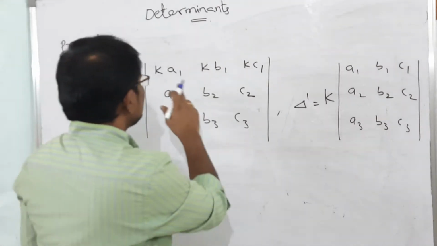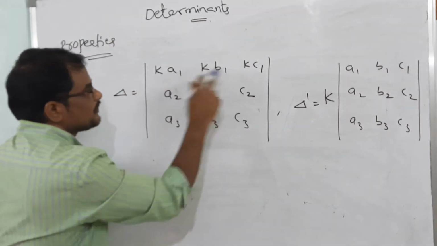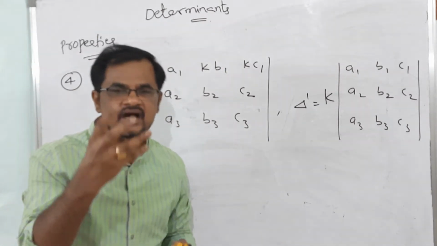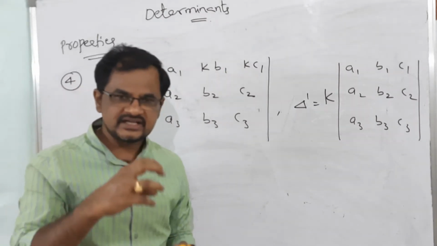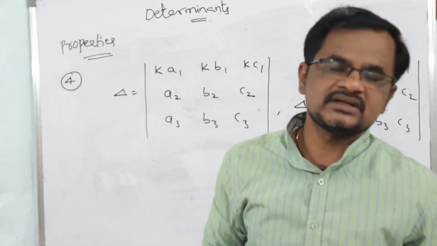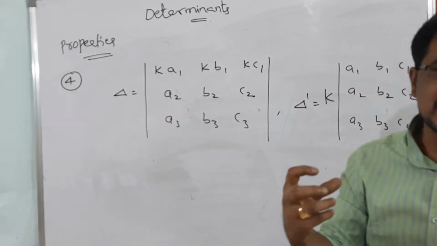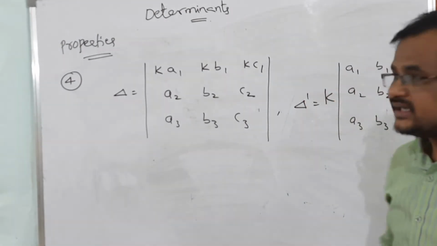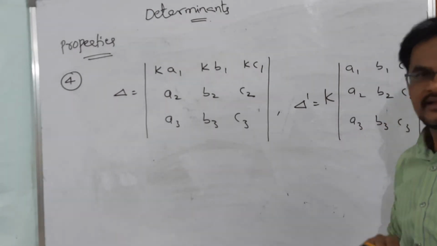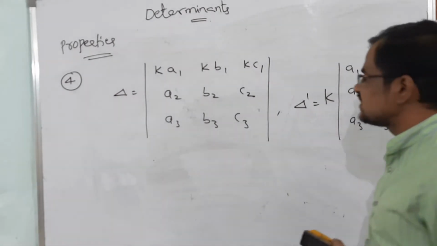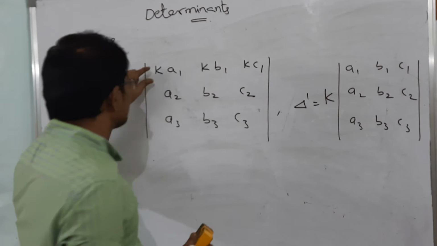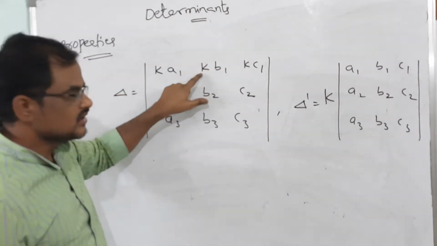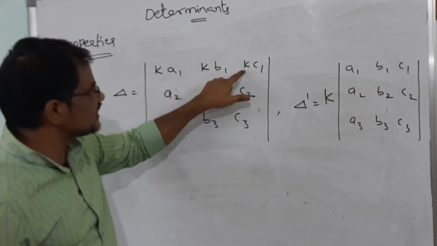If any row or any column in a determinant is multiplied by a non-zero constant k, then the determinant is multiplied by k, right? Suppose this row contains multiplication by k: k into A1, k into B1, k into C1.